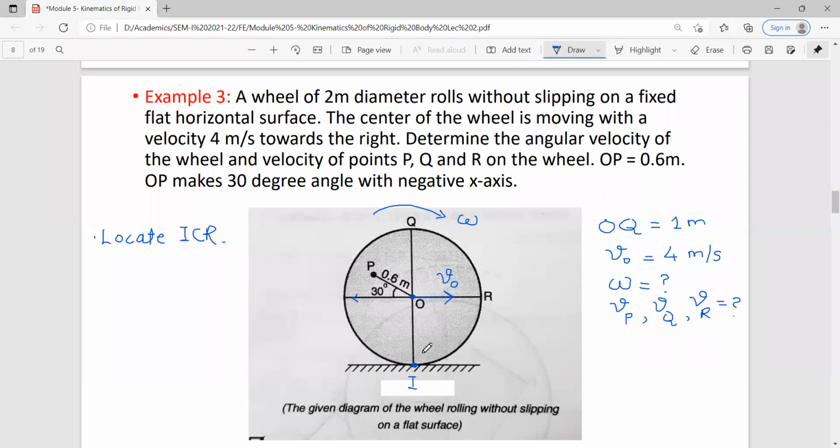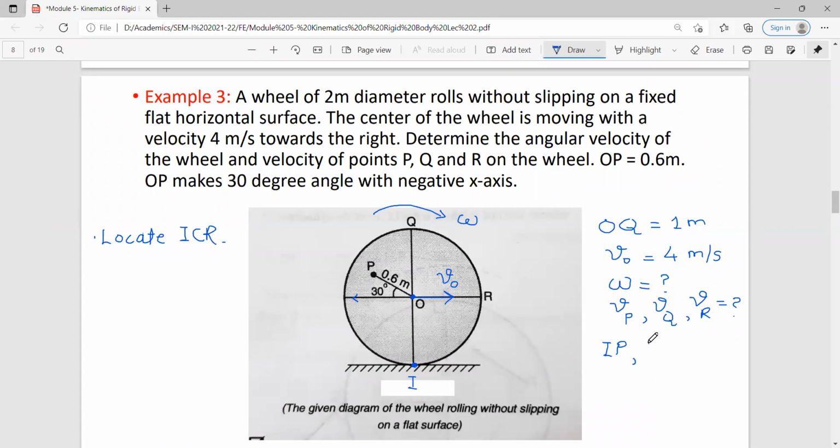So ICR is known to us. Okay, what else we need to find? We need to find the radii. So the radius of point P is nothing but the distance between point I and point P. We will find out IP.